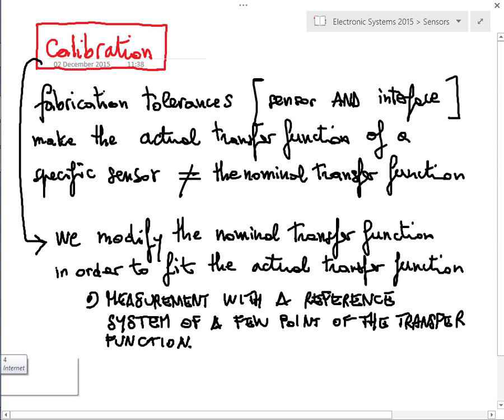Of course, you can understand that in order for this to work, we need to have an analytical expression of the transfer function, so that we just need to adjust 1, 2, 3 points, and then we have a complete, let's say, fitting of the curve.